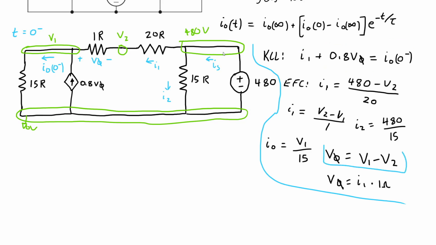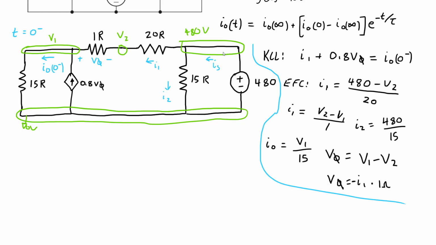V phi is going to be the opposite polarity, so to speak, because the plus is over here. So this will actually be minus I1 times, well, we'll get to that in a moment.